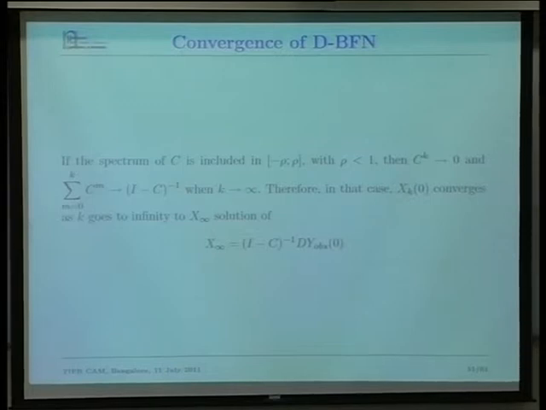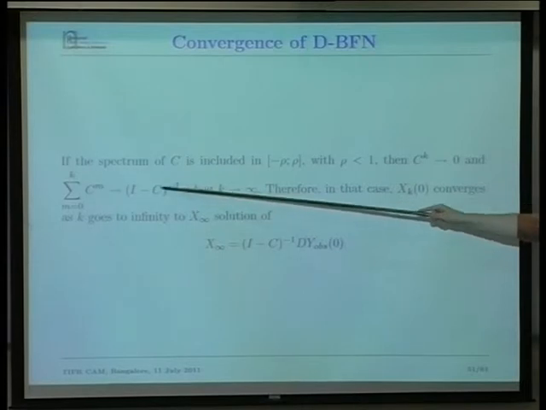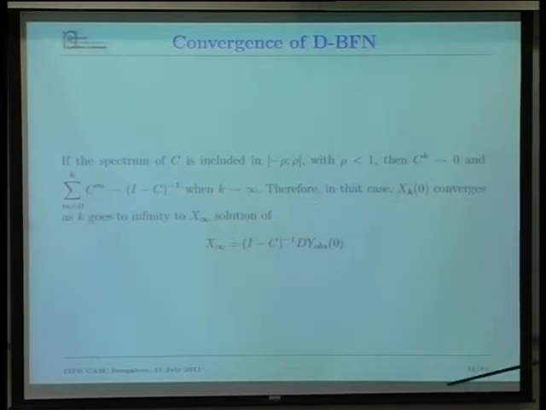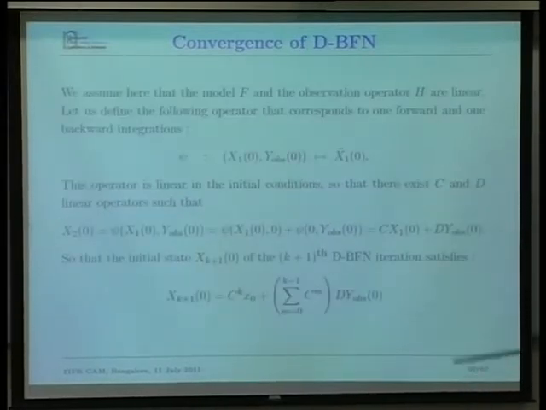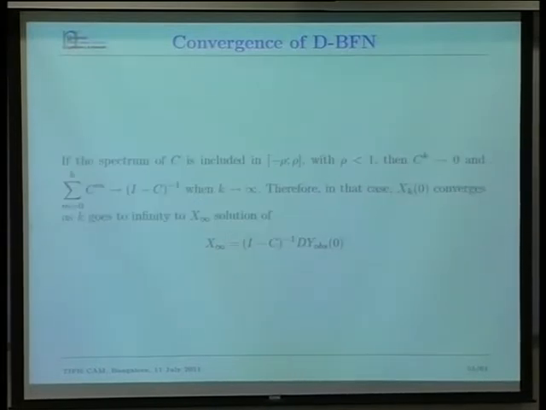It's a contractant operator. So this sum converges to the inverse of I minus C, and then this goes to 0, and at the end we get convergence to this solution here.